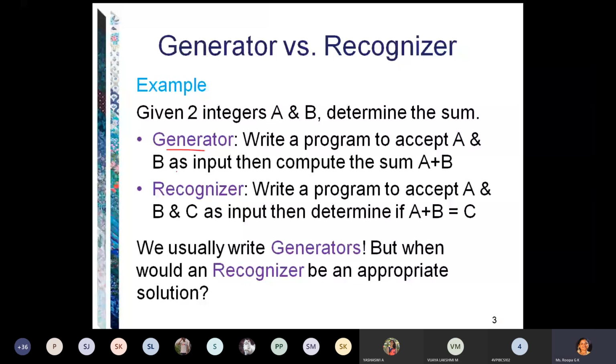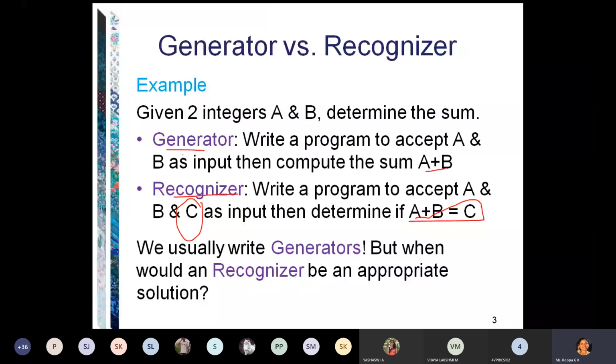Generating a solution means read the inputs a and b and then compute the sum a plus b. But recognition of a problem, recognizer, means write a program to accept a and b as well as one more variable c as input, then determine if a plus b is equal to c. One more task: whether the sum is equal to the third variable c.